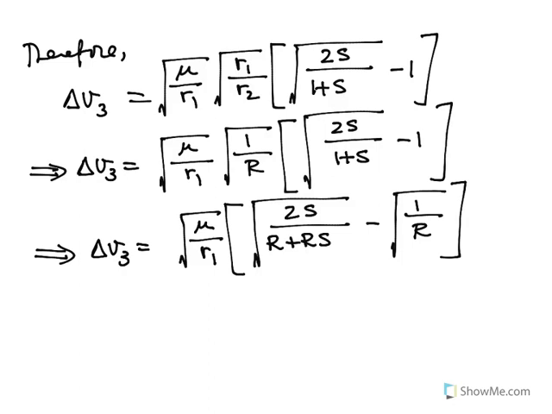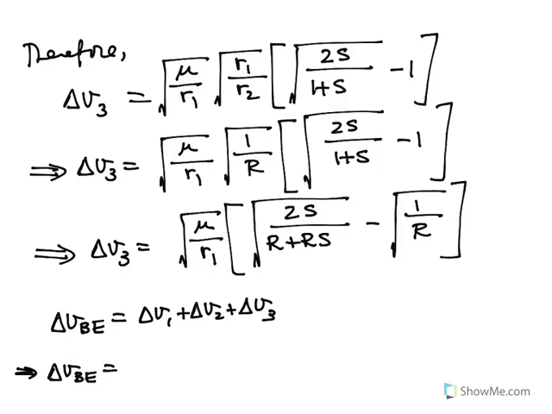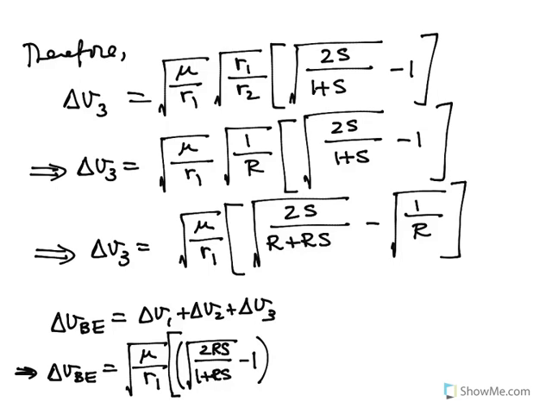So now I have the full delta v bielliptic. Delta v bielliptic is equal to delta v1 plus delta v2 plus delta v3, which can be rewritten as the square root of mu over r1, because I got that as a common factor in everything, times the square root of 2rs all divided by 1 plus rs, minus 1. That's the first delta v.